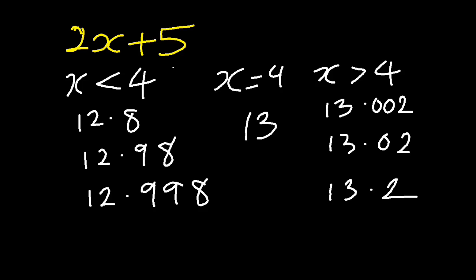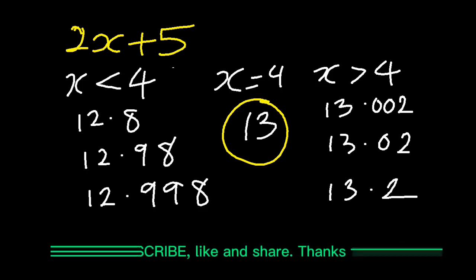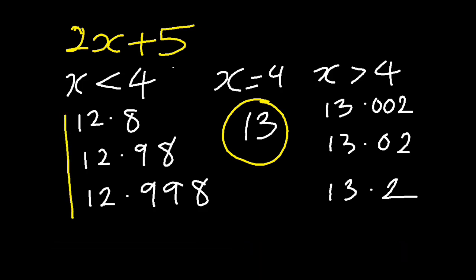Now, having looked at it, we can see that x is equal to 4 is our target, which its value is 13. And when x is less than 4, we can see that it approaches 12.998. And when it's greater than 4, it approaches 13.002.